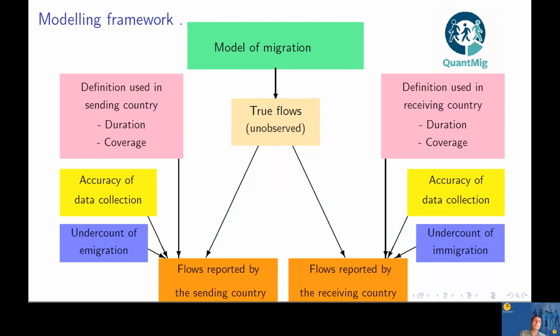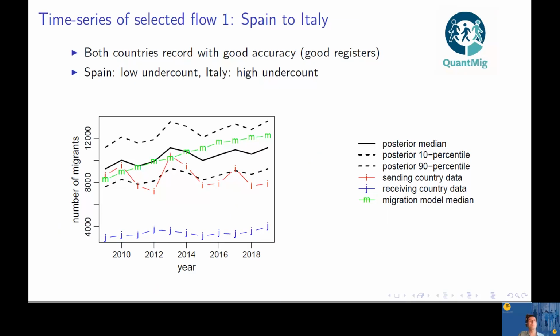So now to give you an idea, look at some results. Here I'm going to present some selected flows over time, from 2009 to 2019. For example, this first example is from Spain to Italy.